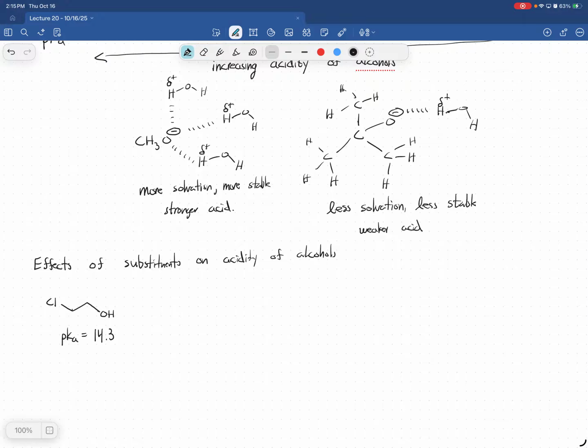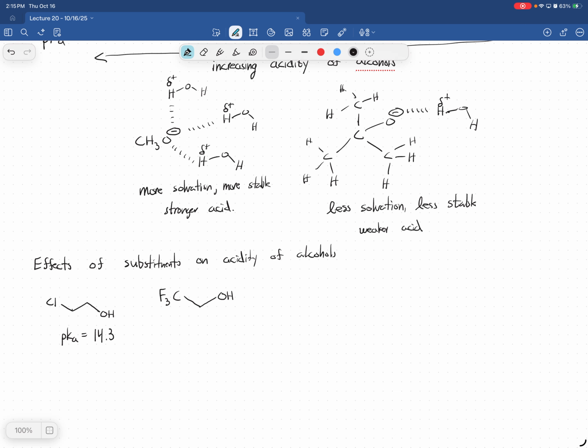Now, what if we put 3 fluorine atoms on this carbon, and then CH2OH? This is called trifluoroethanol.